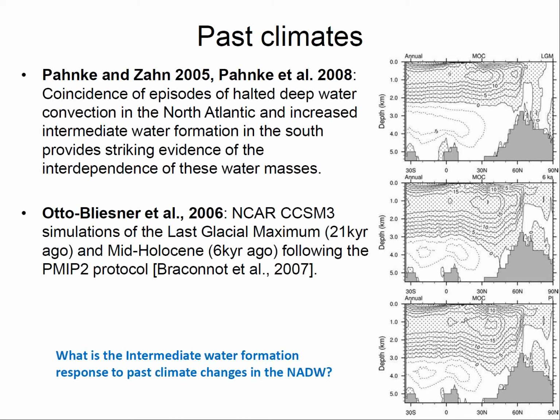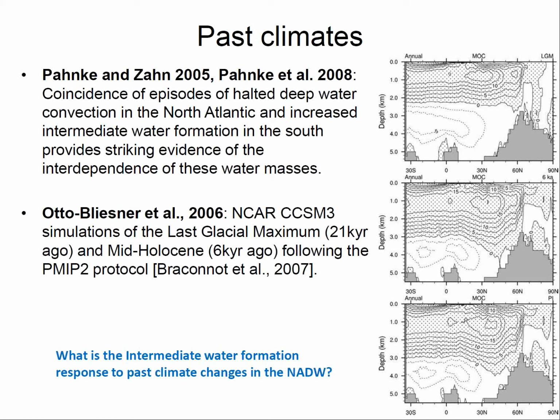And so not many changes happen in the mid-Holocene. I will explain a little bit more what they refer to this time. And you have a decrease in the AMOC during the Last Glacial Maximum, and also a shoaling of the AMOC. And this may have impacted the other side, the intermediate water.